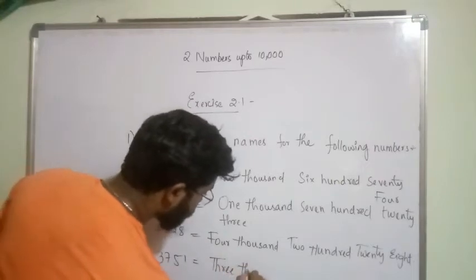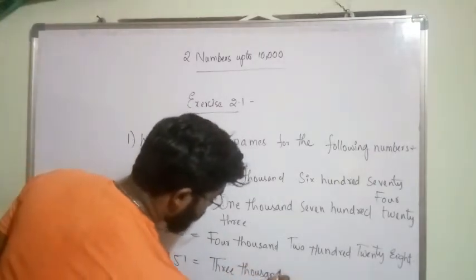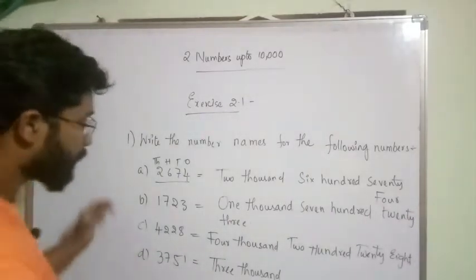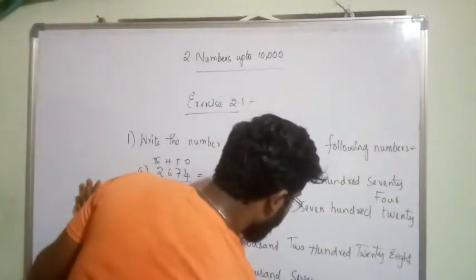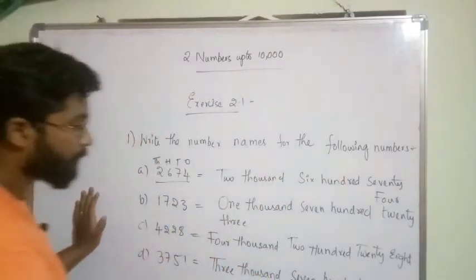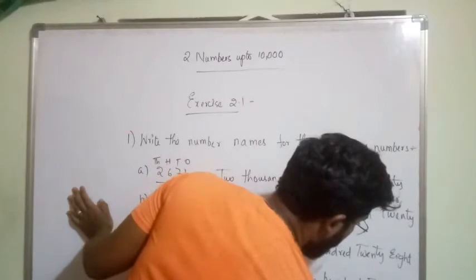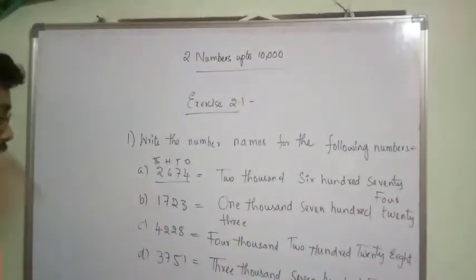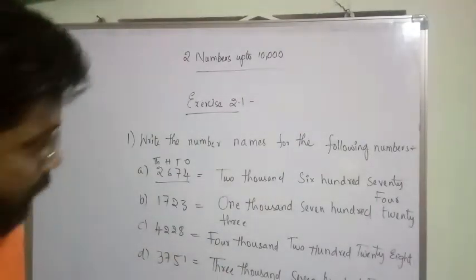Okay, this is the 3751. So next one, E, 6743. 6000. Just a minute.